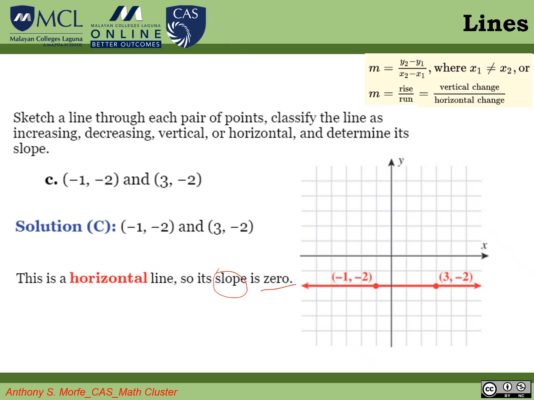Then we show the calculation to see if it's really 0. After evaluating the numbers, we get 0 divided by 4. We know that when you divide 0 by any number or any expression, the quotient is equal to 0.